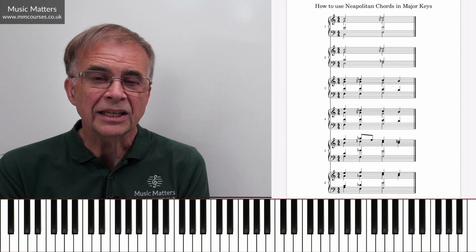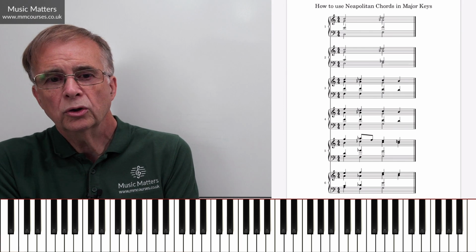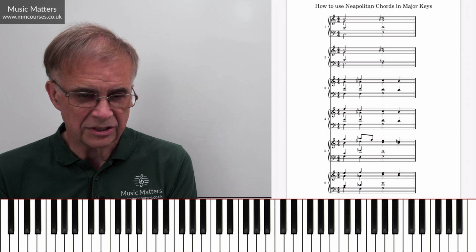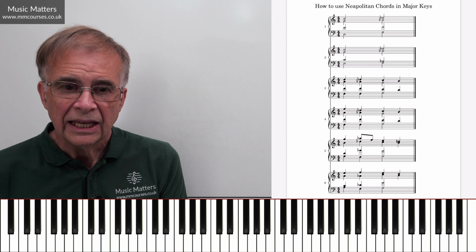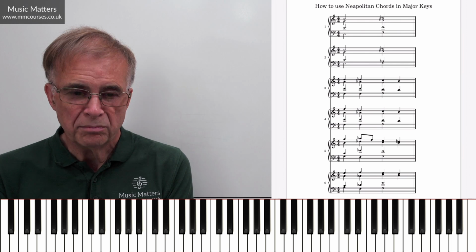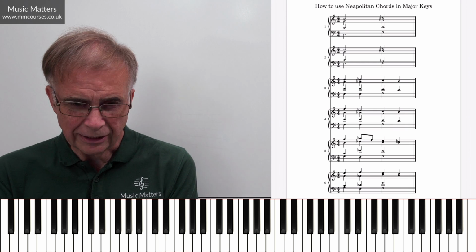But we also need to think about what we call the approach chord. So what's the chord that we could use before we sound the Neapolitan? And what I've done here is just to present the various options that you might like to go for. And we'll talk about these in a bit more detail.